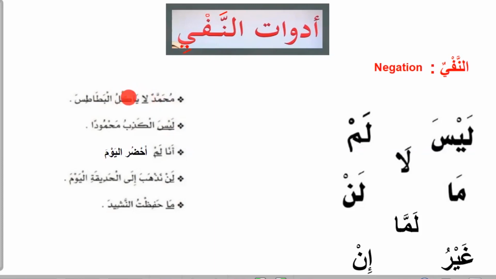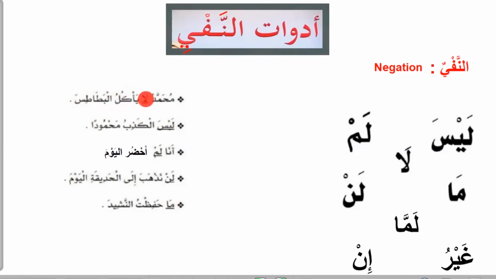So la ya'kulu, when it comes, it negates. Muhammad doesn't eat potatoes. Without this la, the sentence is affirmative: Muhammad ya'kulu potatoes. Muhammad eats potatoes. But when la is introduced into the sentence, it becomes a negative sentence. He doesn't eat. I hope that is clear.